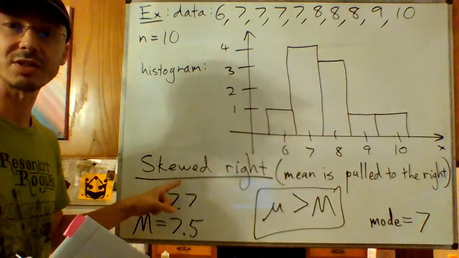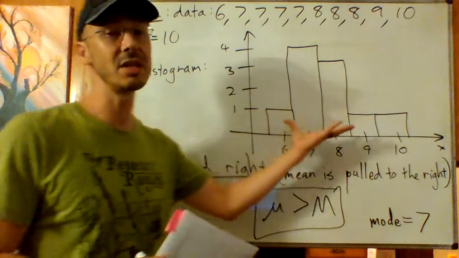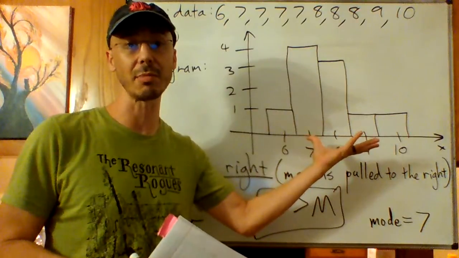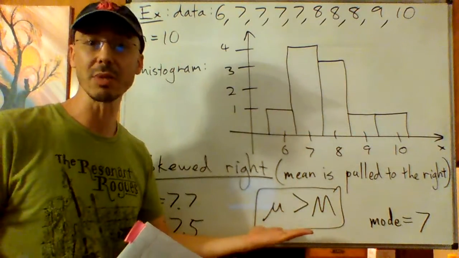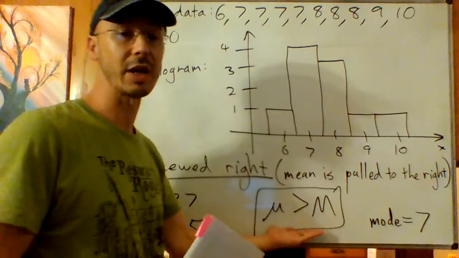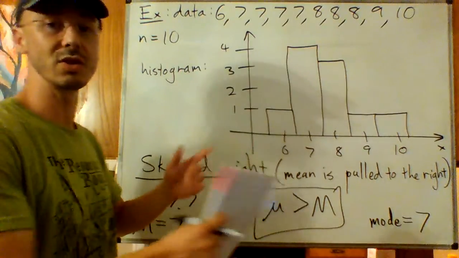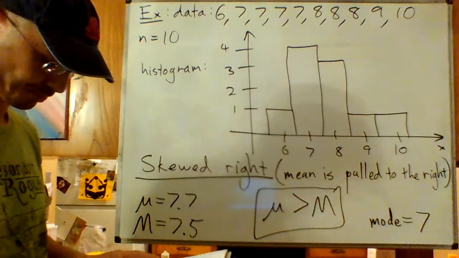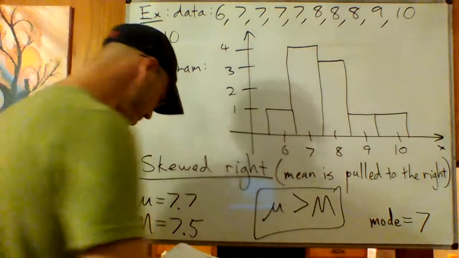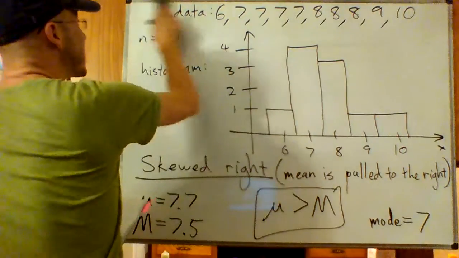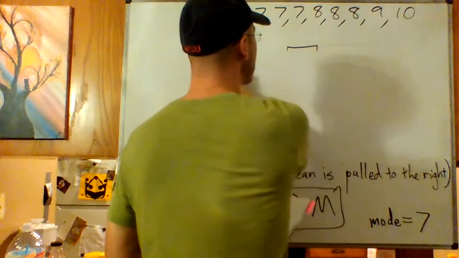that's really what skewness is about. Now, it's easier to see, I think, from a histogram, but that's what it really means. If the mean is greater than the median, that's a skewed right distribution. And I'm going to make a sentence that kind of says that too, because that's the real concept of skewness.